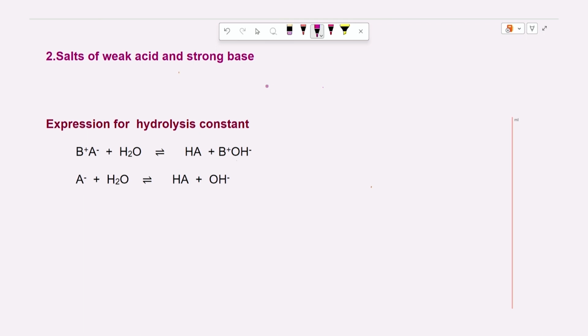Now, let us see how salts of weak acid and strong base undergo hydrolysis. Here the acid is weak, so let us take acetic acid as an example. We take a strong base, let that be NaOH. You can also take potassium hydroxide or whatever you like.